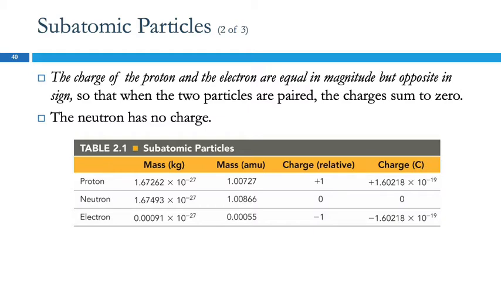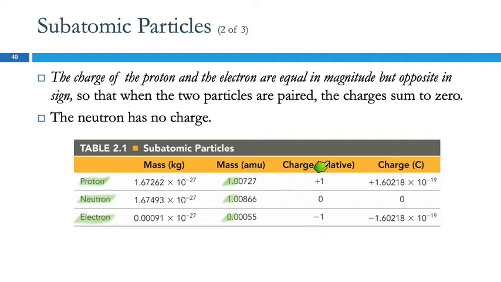So what do we need to know out of this table? We need to know the names of these particles: protons, neutrons, and electrons. We need to know approximate masses. We don't need all those sig figs. Proton and neutron, approximately 1 atomic mass unit. Electron, approximately 0.